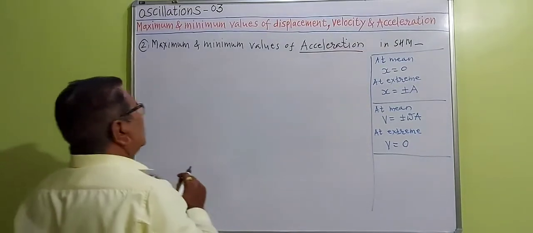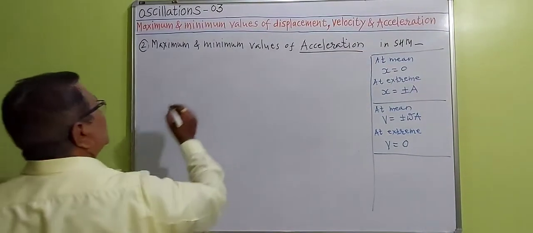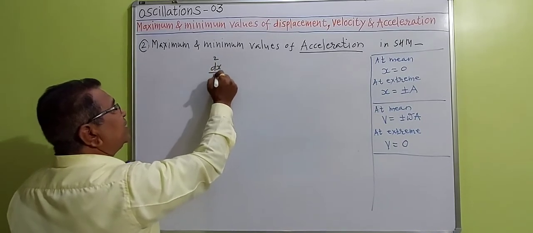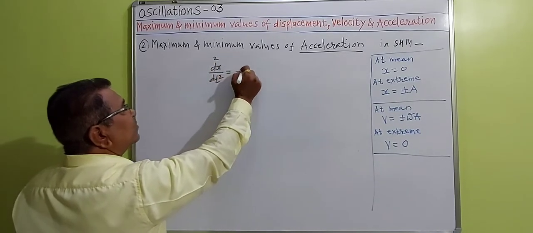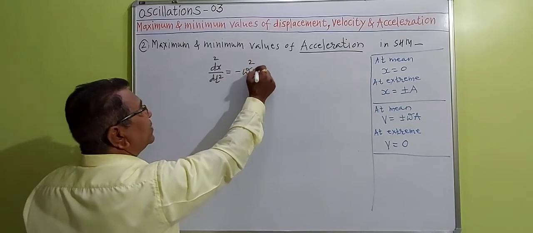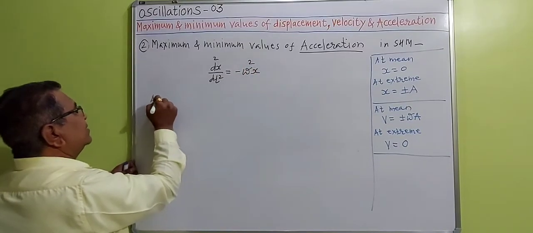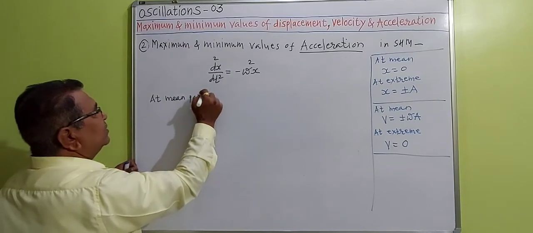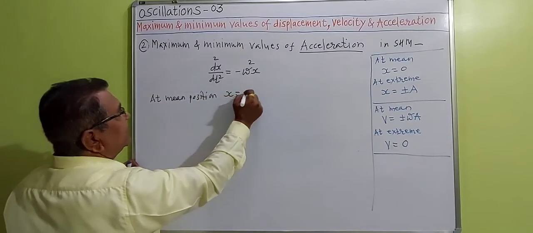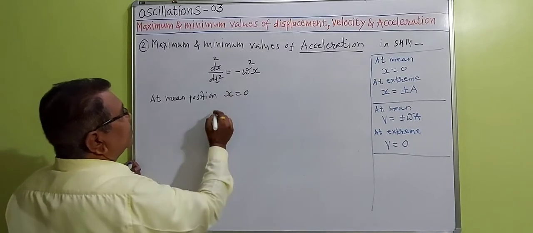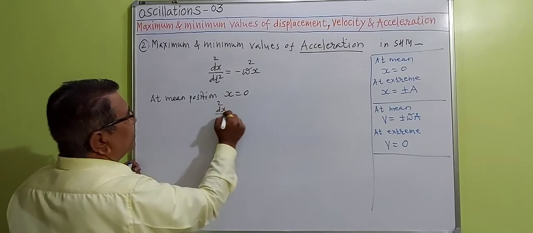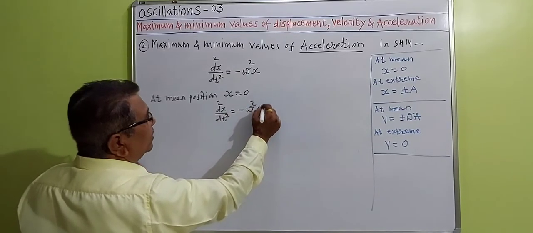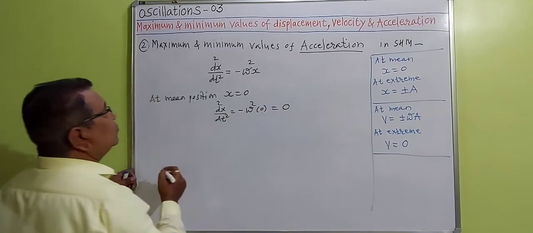So write down the formula of acceleration: d2x by dt square is equal to minus omega square x. At mean position, what is the value of x? x is equal to 0. Put here, so we get d2x by dt square is equal to minus omega square into 0, which is equal to 0.